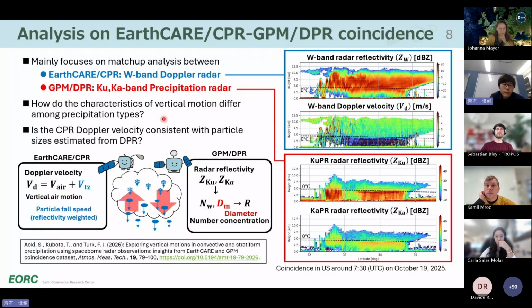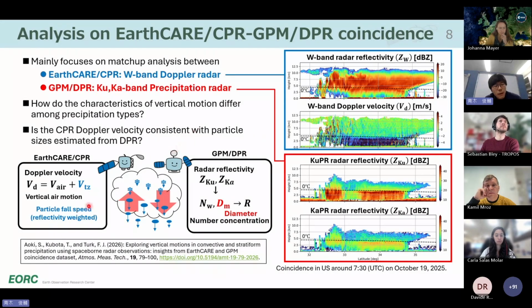Now I'm focusing on how the characteristics of vertical motion differ among precipitation types, stratiform or convective. I'm also interested in whether the Doppler velocity measurement from CPR is consistent with the particle size distribution estimated by DPR.